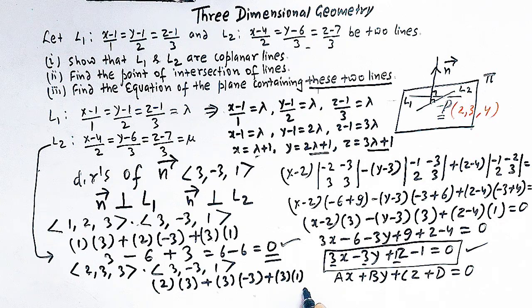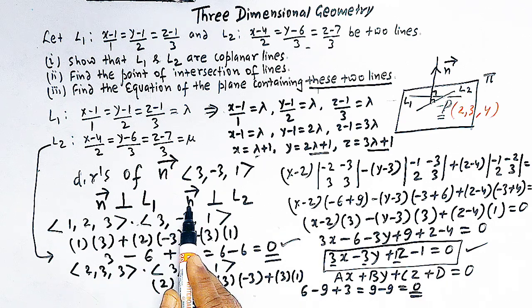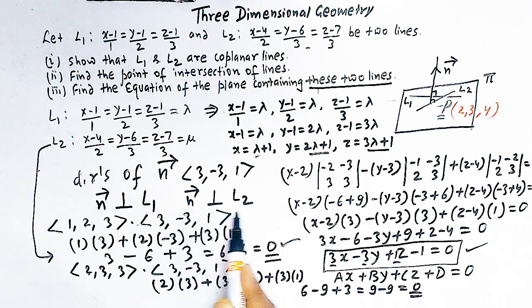So this is 6, this is minus 9, this is 3. So 3 plus 6 is 9, and here 9 minus 9 is 0. So again, the dot product of these two vectors is also equal to 0, suggesting that this normal vector is also perpendicular to this line L2, right?